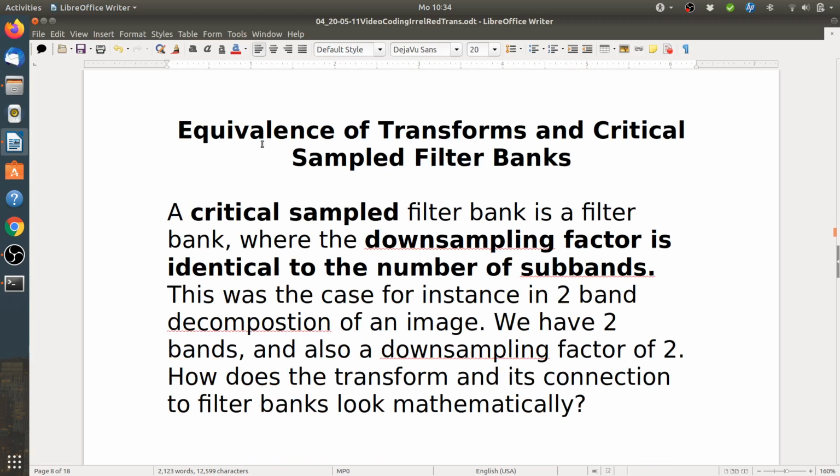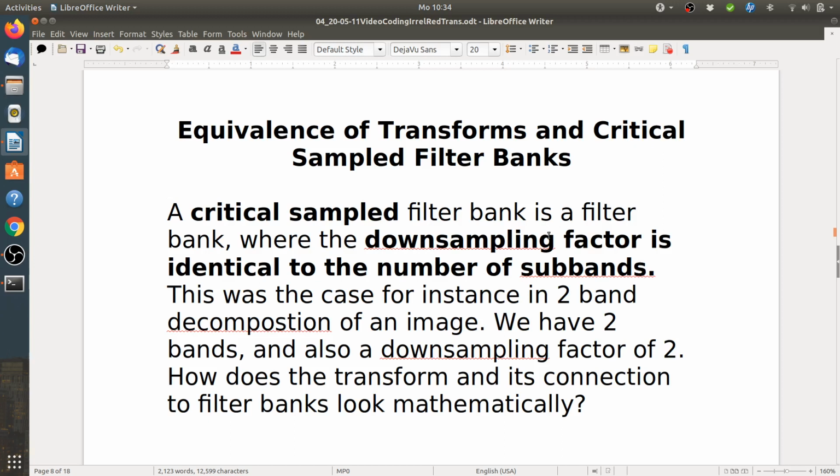Here's how we can see that transforms and critically sampled filter banks are basically the same. And this is important because we want to apply the contrast sensitivity function, so we need to see what we get. A critically sampled filter bank is a filter bank where the downsampling factor is identical to the number of subbands.